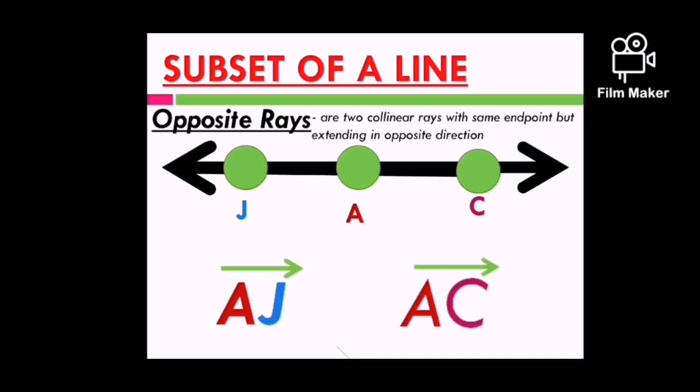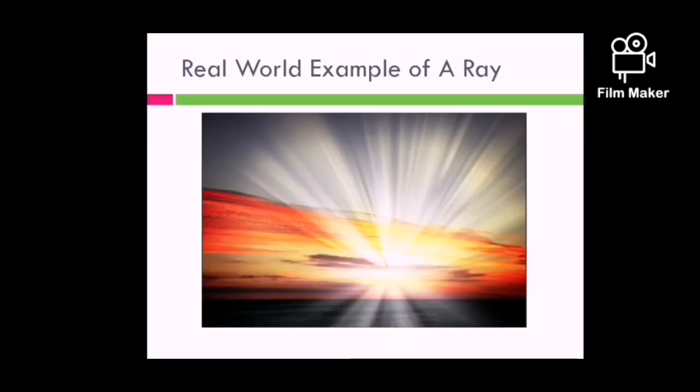Ray AJ extends in the direction of point J and has endpoint point A, and ray AC extends to the direction of point C and it has an endpoint which is the point A. The real world example of a ray is a sun ray.